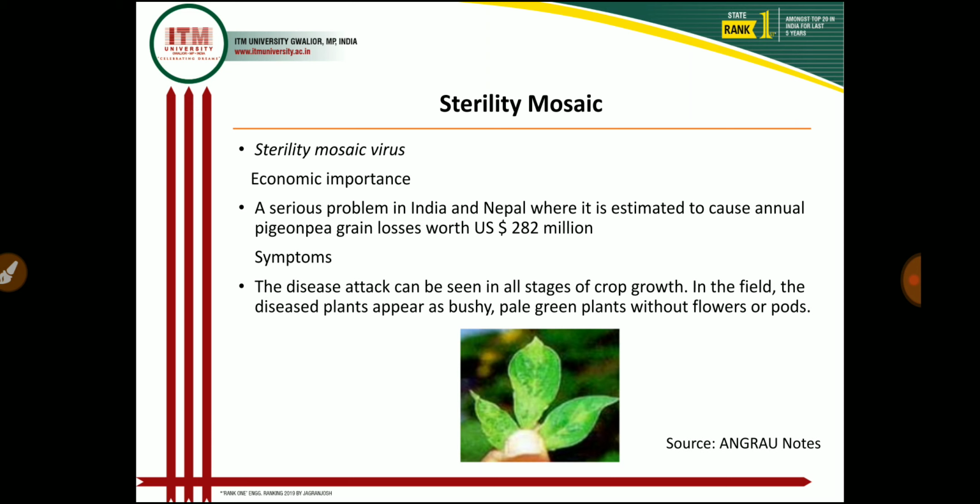Then in sterility mosaic disease, the most important symptom is the plant appearing as a bushy pale green plant without flowers or pods, because in this disease the main infected part is the flowers. So if flowers are infected, then grain setting does not occur in the pigeon pea crop. That's why up to 90 to 95% grain losses occur in severe infection.